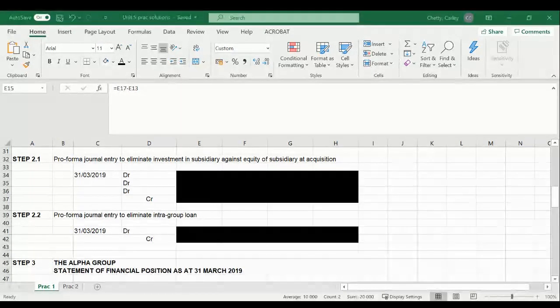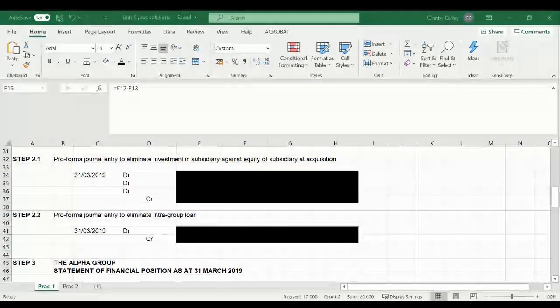We are adding the trial balances together, but in the consolidated set of financial statements, a company cannot owe itself money. So we need to eliminate the loan owing from Beta to Alpha. What are the journal entries we are going to do?